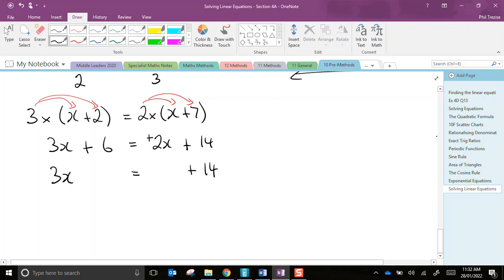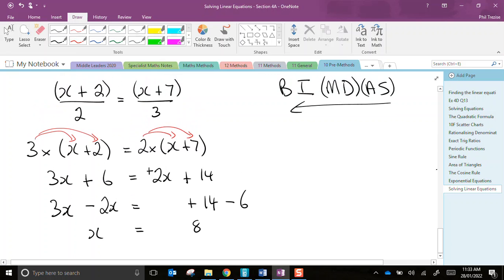And I will deal with 2 steps at the same time here. Opposite of adding this 2x is subtracting 2x. Opposite of adding 6 on the left is subtracting 6 over there on the right. 3x take away 2x is a single x, and 14 take 6 is 8.